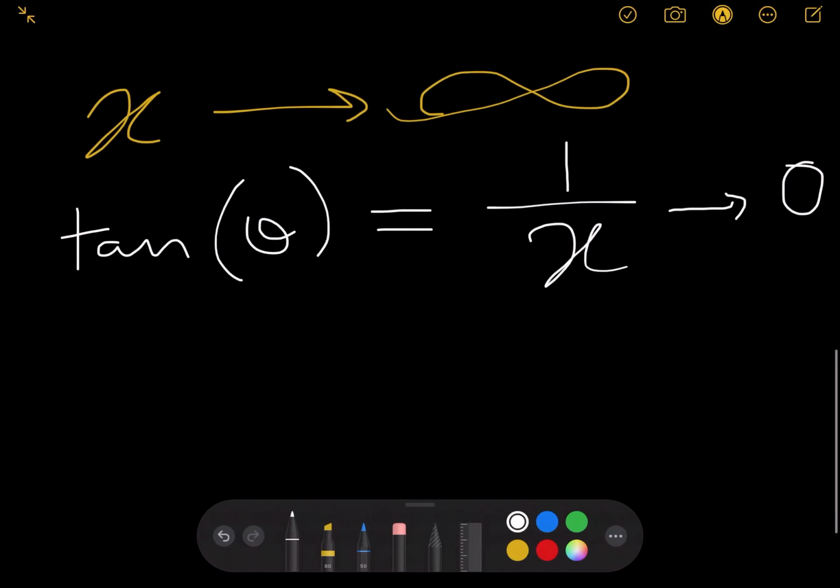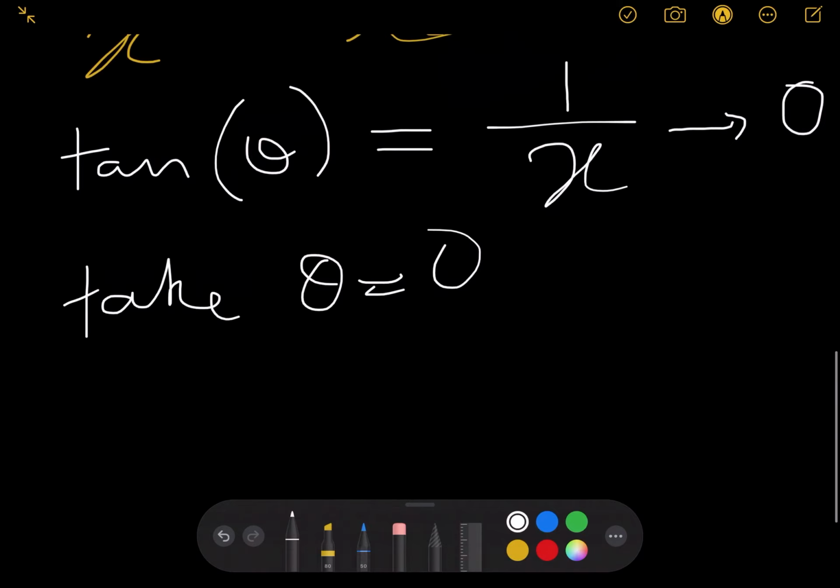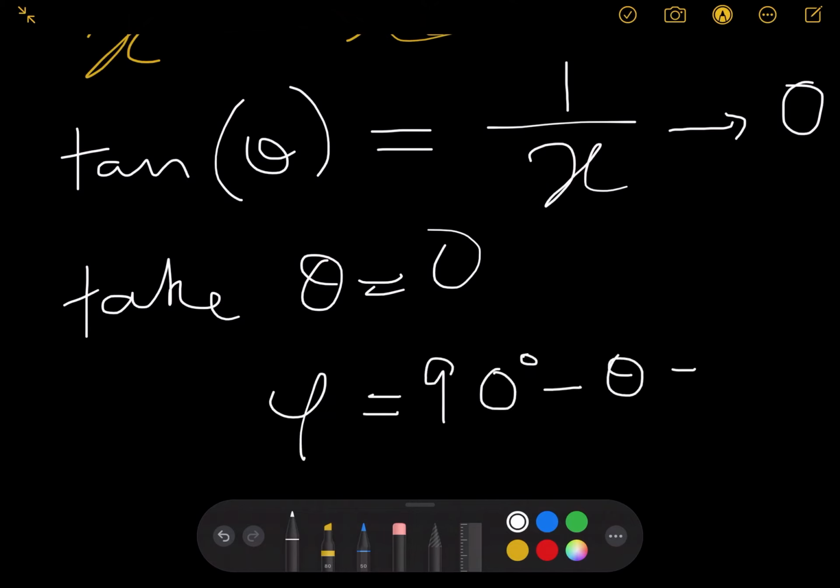So for tan of theta to be 0, theta would be 0. So we take theta equals 0, or well, the real way to represent this is theta tends to 0, but let's just go with it. Then we would get phi is equal to 90 degrees minus theta, which is 90 degrees. Again, it's not exactly equal, but let's say it's tending to it.